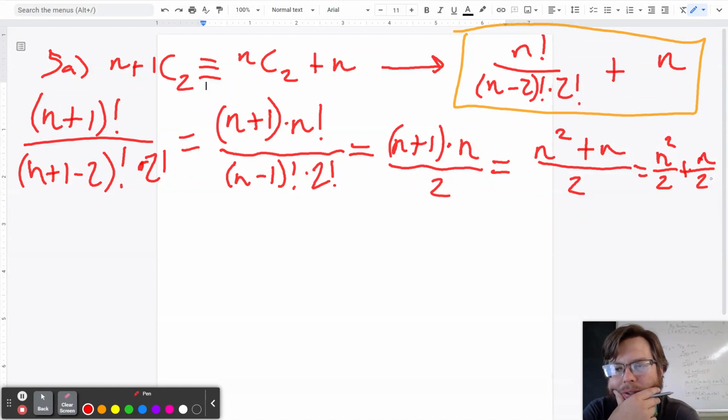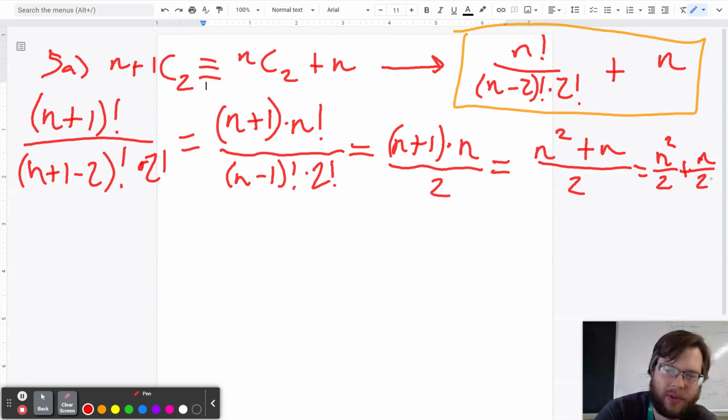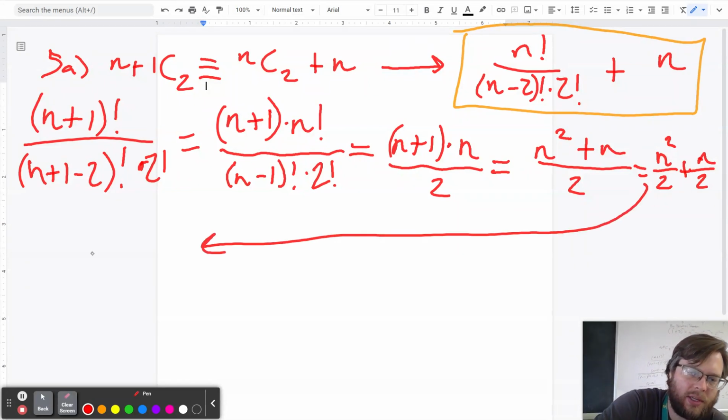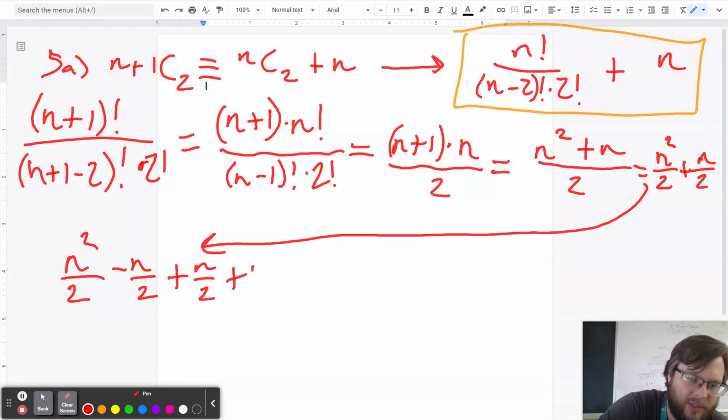So that's kind of close, but I somehow need there to be another n over 2 involved. This might feel a little bit weird, but this is a valid move. I can try this out. I could say that's n squared over 2 minus n over 2 plus n over 2 plus n over 2.